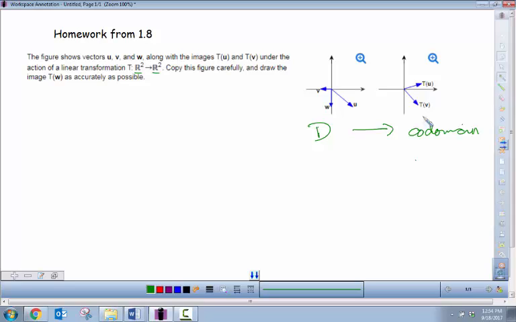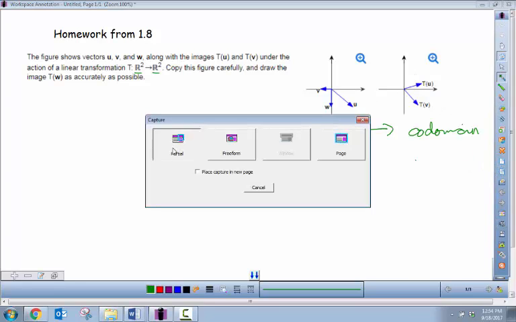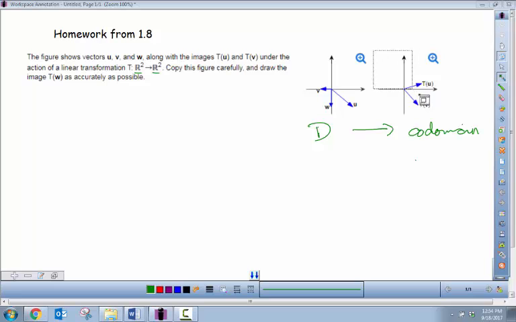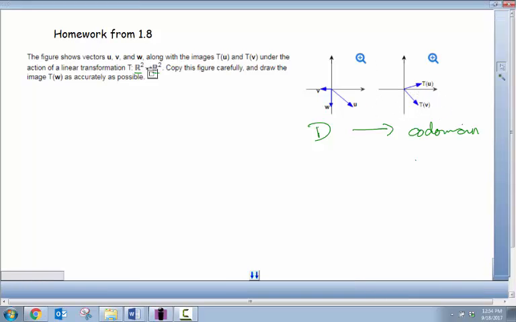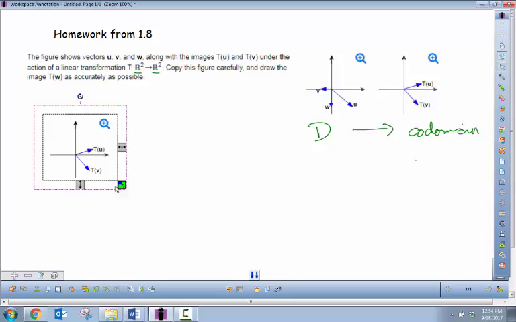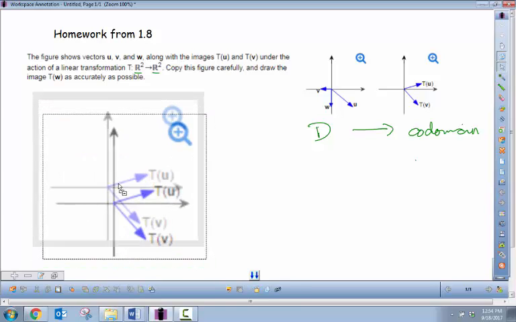They gave you choices, but we'll see if we can draw it as accurately as possible. So let's copy this down and make it a little bit bigger, and let's see where T of w goes.